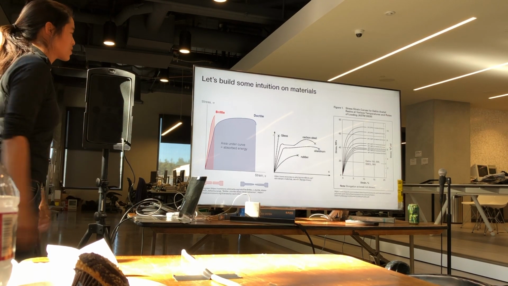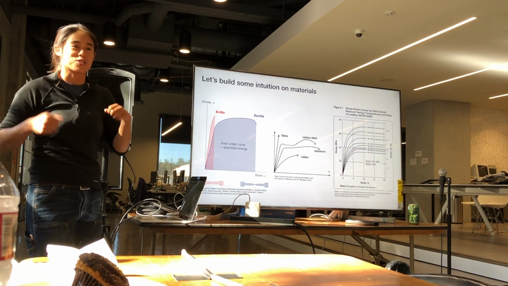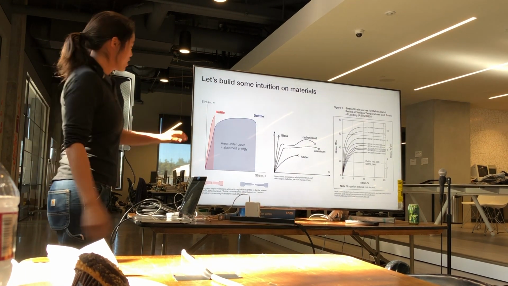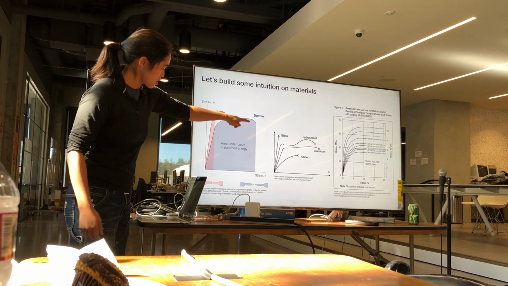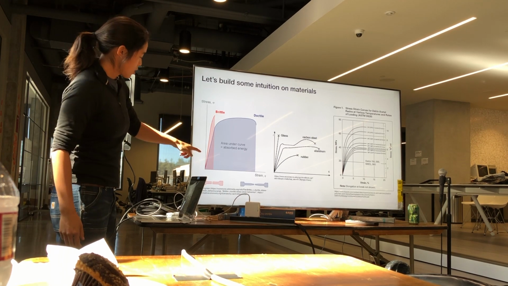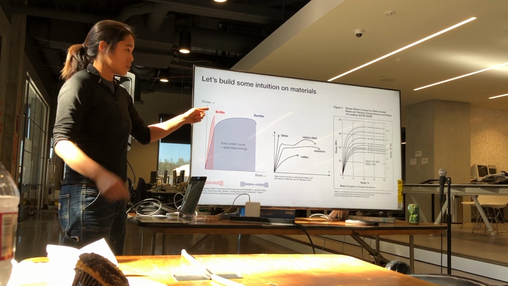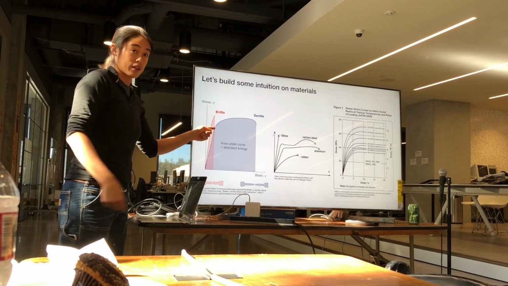Let's keep building our intuition around that, because I think it's nice when we can turn graphs and kind of internalize them as an intuition. So here we have a comparison between a brittle material and a ductile material. A brittle material is something like ceramic, where when you apply force to it, you're not really detecting very much deflection until suddenly it breaks.